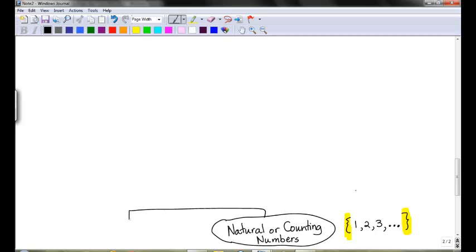Then at a certain point in our lives, we learn about 0, because usually somebody takes something away, so that you're down to nothing, you're down to 0. When you put those two together, the natural numbers and 0, you'll end up with 0, 1, 2, 3, and go up.